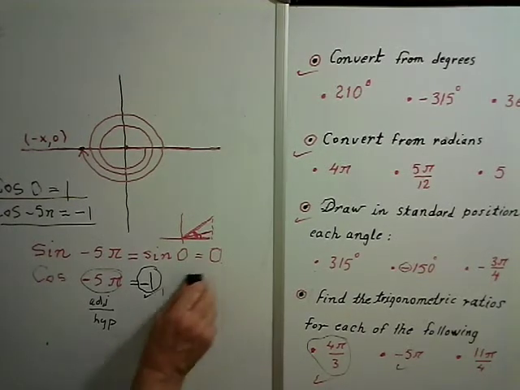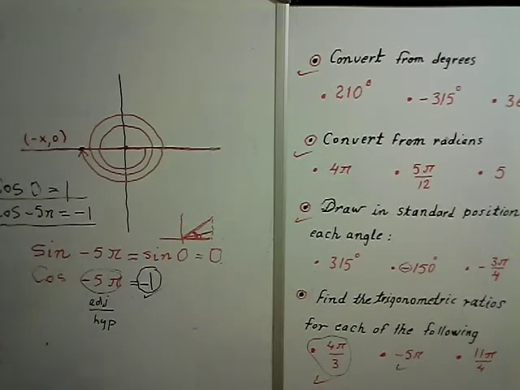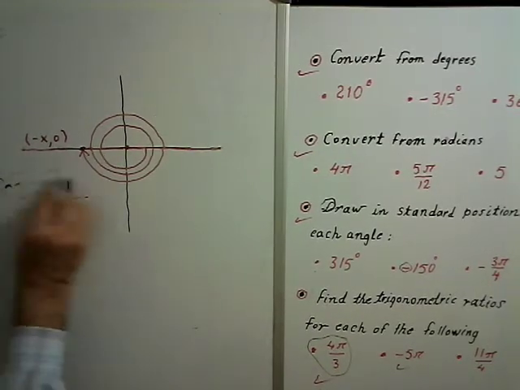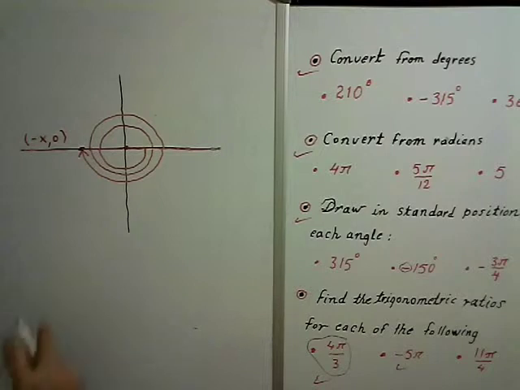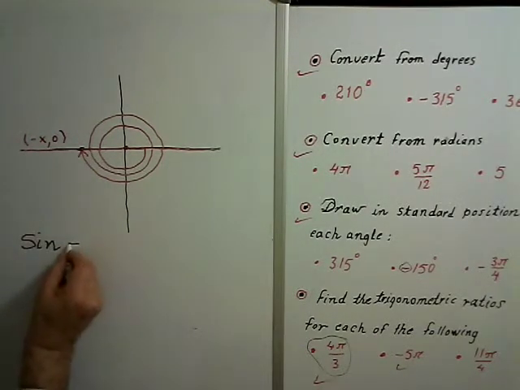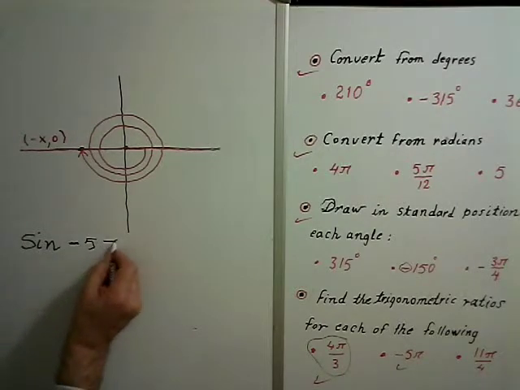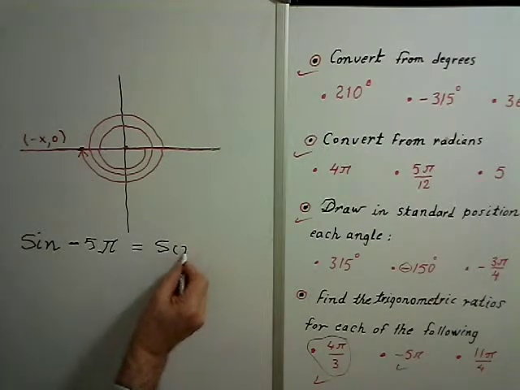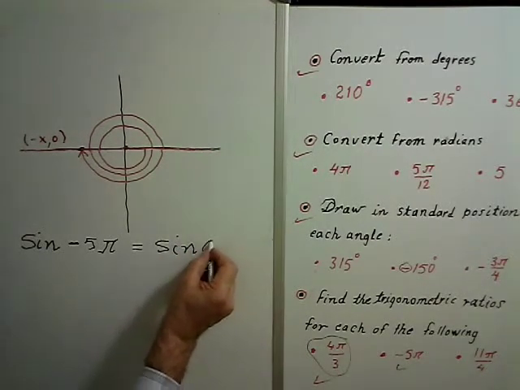And about the other ratios, as sine is 0, there is no inverse for 0. Right? So we can list them here again. We said sine of negative 5 pi is equal to sine 0, which is 0.